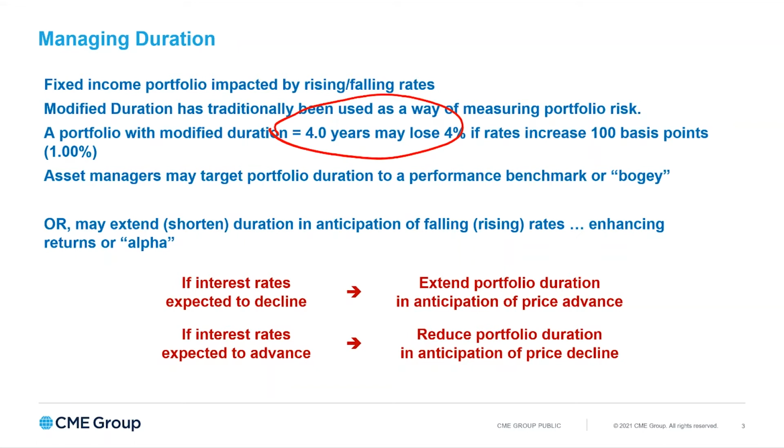If you're anticipating yields to fall, it would be advantageous to extend the duration of your portfolio because lower rates mean higher prices, and the longer the duration, the greater the impact of those higher prices on the portfolio, affecting it in a positive way. But if your concern is higher rates and lower prices, it would be defensive to reduce duration in a portfolio, therefore minimizing or reducing the negative effects of falling prices and higher yields.